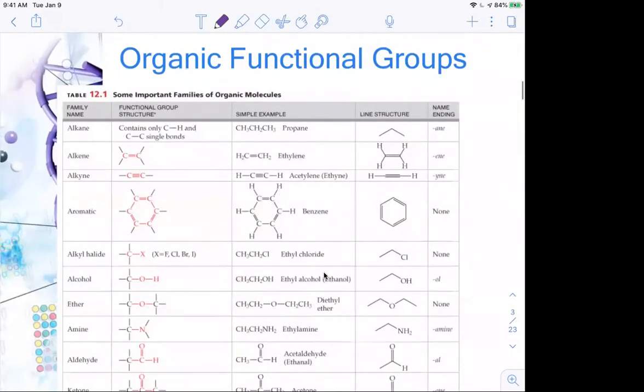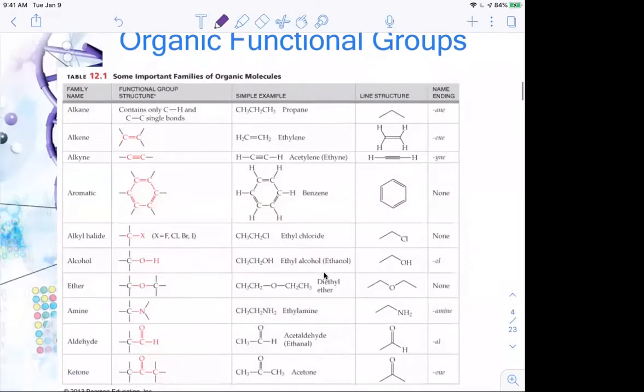So this is a chart that has the functional groups that you will be responsible for in this course. There's a lot of them in here, and this goes far beyond the functional groups that are illustrated in Chapter 1. What we want to look at is sort of similarities.